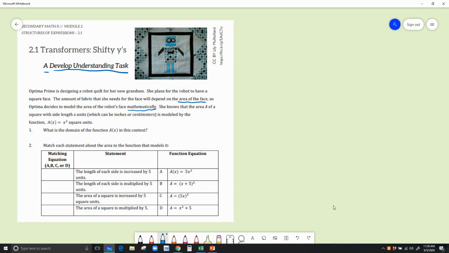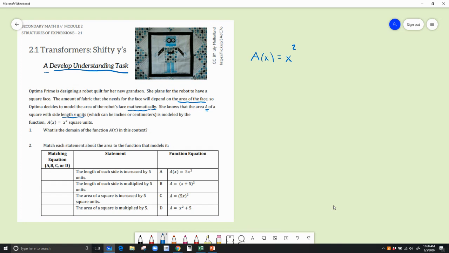She knows that the area, which we're going to represent with the capital A, of a square with a side length of x units, which we can call centimeters or inches, is modeled by the function A of x equals x squared. Square units, square inches, square centimeters, whatever. But let's not worry about that part of it. This is the equation that we're going to use.